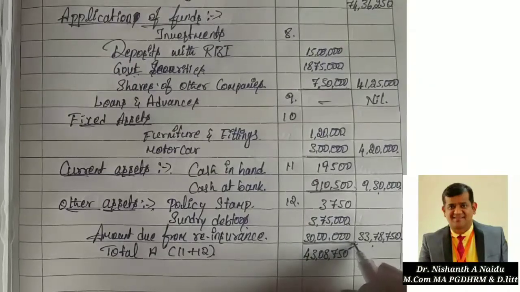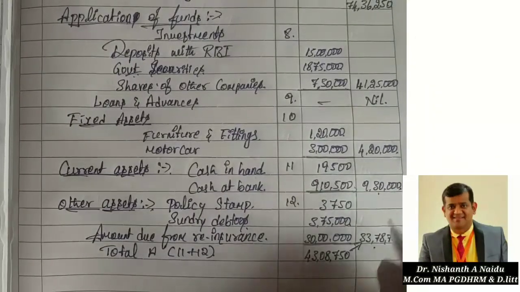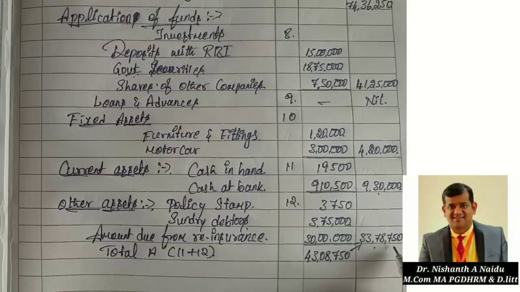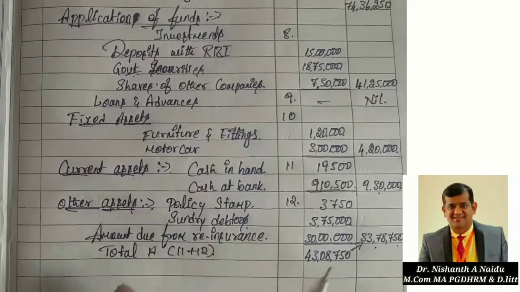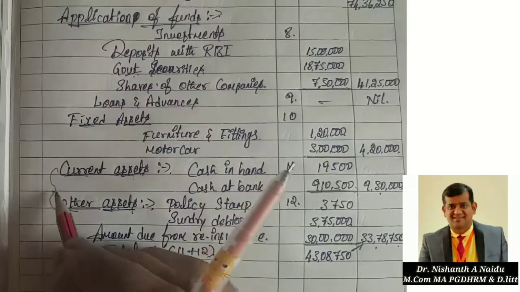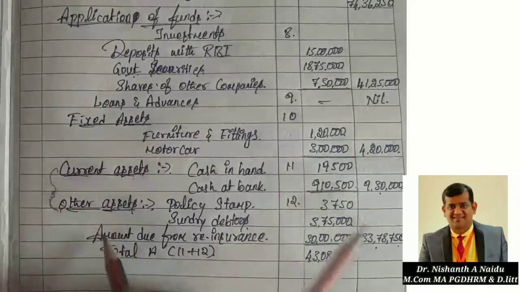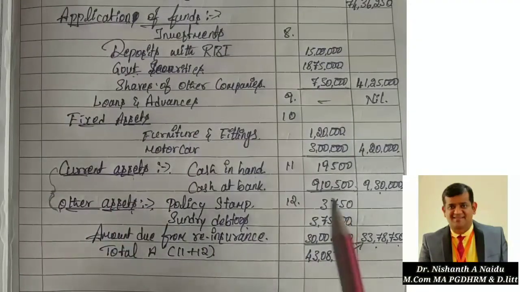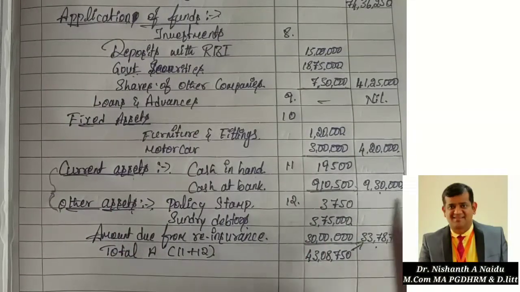So this is the total of these two. You should remember that these two come under current assets only. I have clearly mentioned 11 plus 12 as the total.